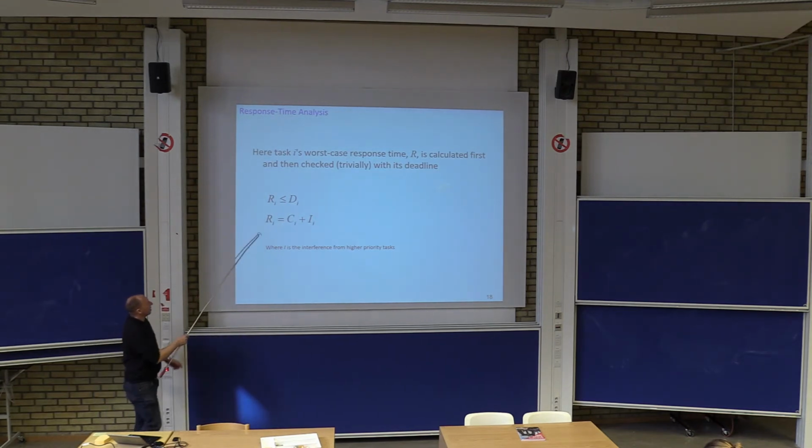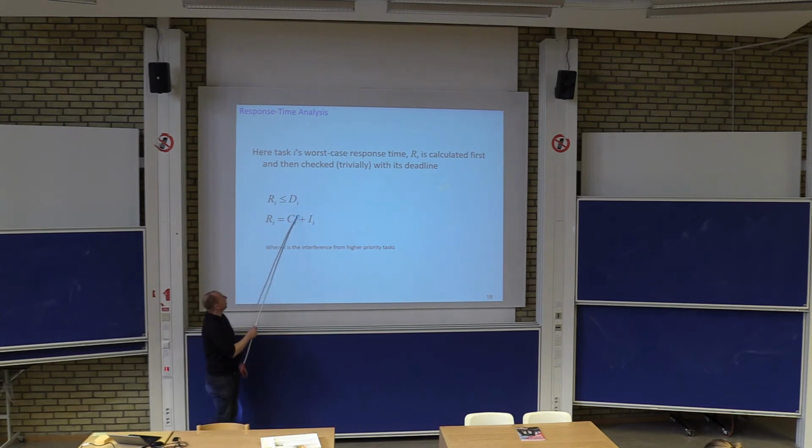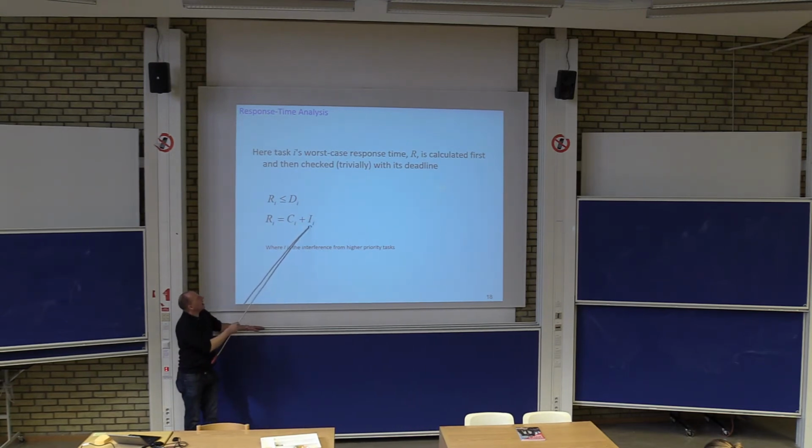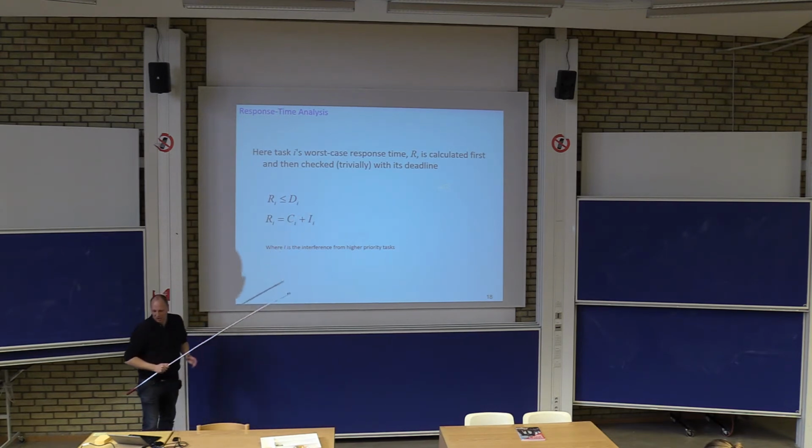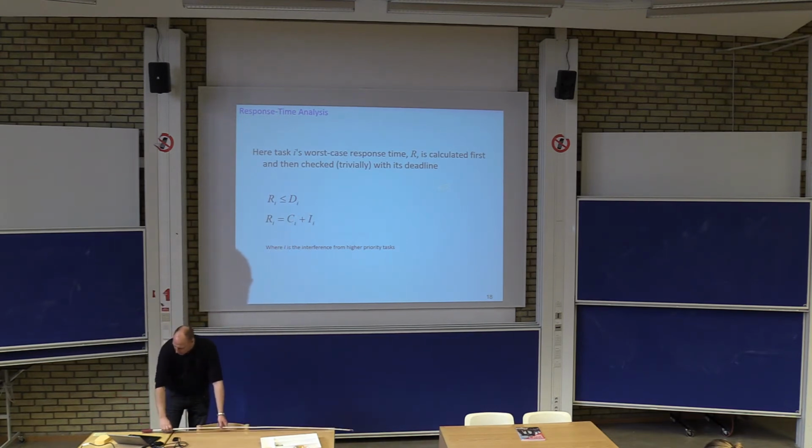And basically we know that the response time will be the computation time for the task plus the time where higher priority tasks are executing, when they are preempting this task. So we need to figure out I here. So that's the trick. How can we compute that?